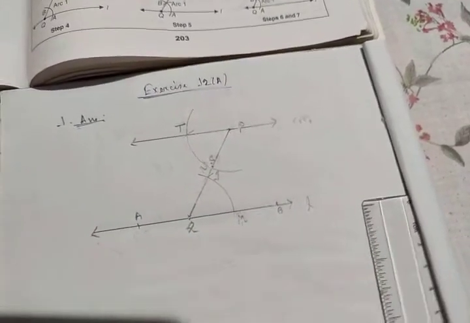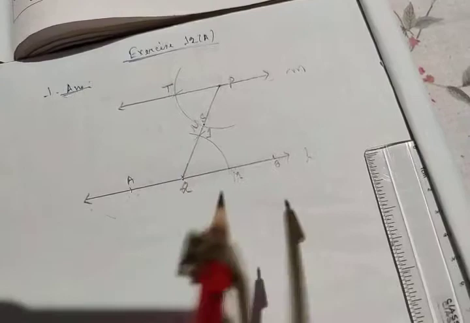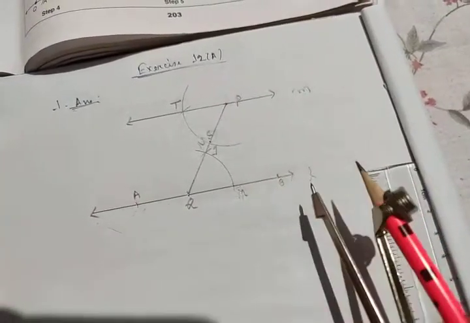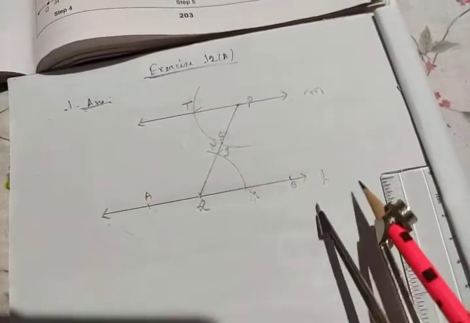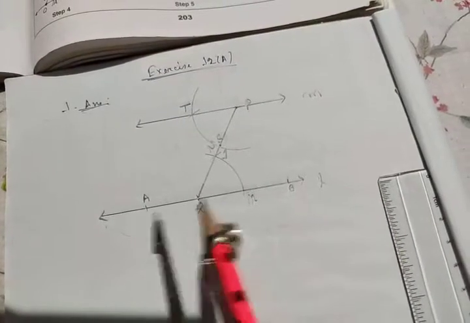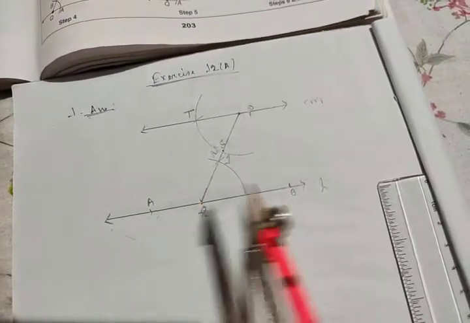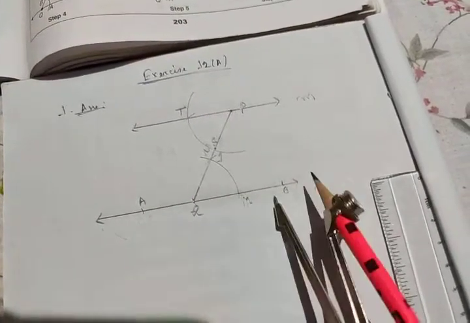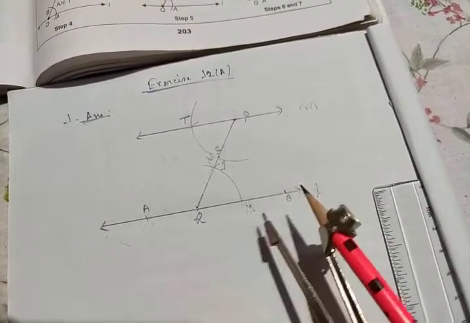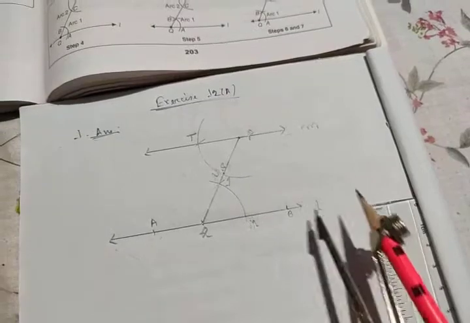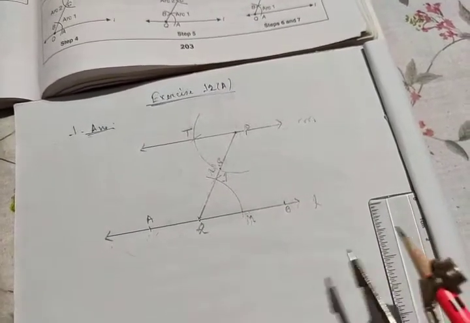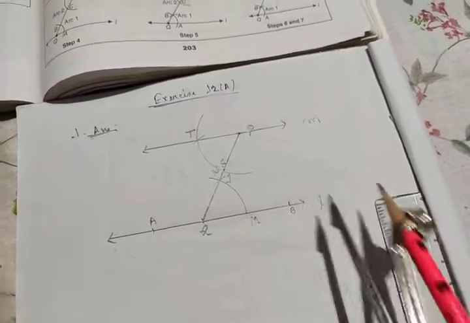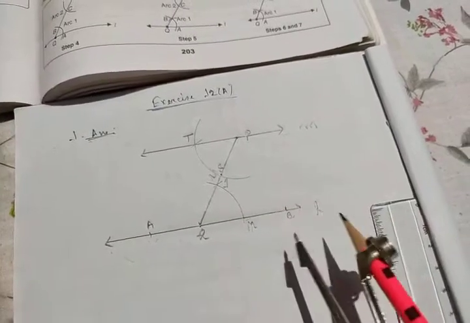Is it clear? Every step again, see with me every step. First we will draw one line L. Next, in line L we are considering a line segment of length 6.8 centimeter, that is AB. If information about the line segment is not given to you, then simply draw any length of line.